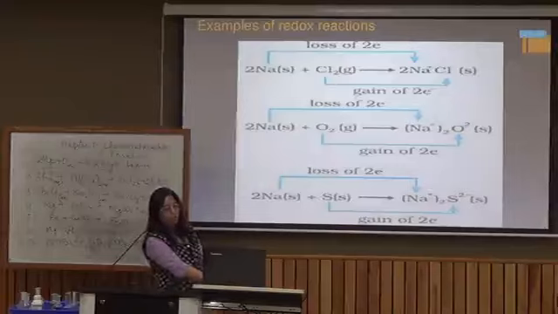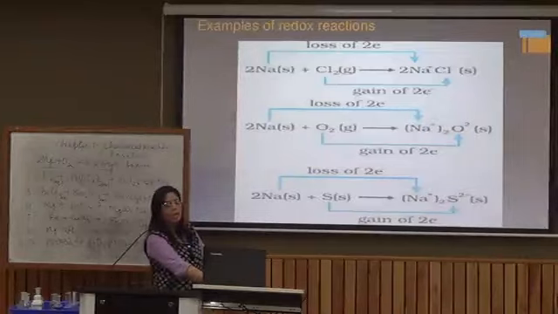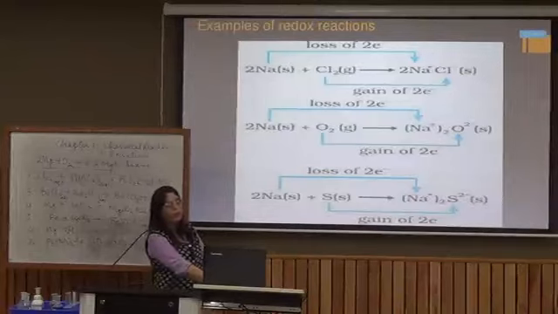So the sodium metal, when it loses electrons, is said to be oxidized. That means loss of electrons is also known as oxidation, and gain of electrons is known as reduction. So chlorine is getting reduced by gaining electrons, whereas sodium metal is getting oxidized by losing 1 electron each atom.